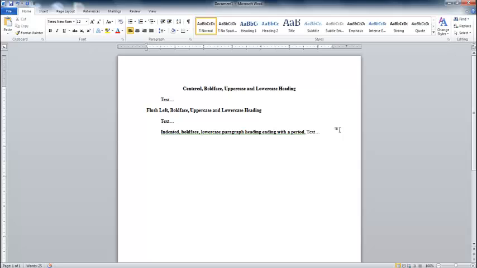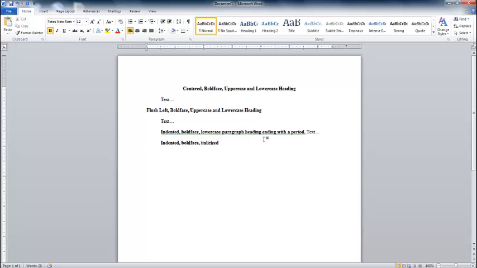Now, level 4 heading is indented, boldface. Let's do that. Italicized.